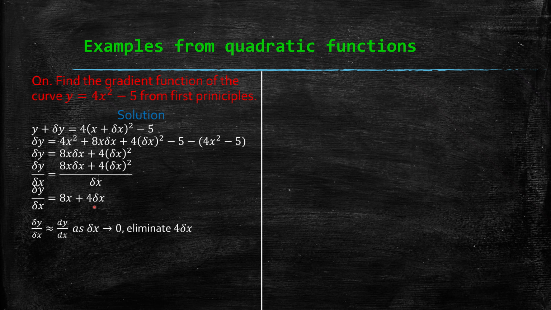Then our next step is to take these 2 points to be too close that they merge as 1, such that our small change in y over small change in x approximates to dy dx. And that means that since this one has a small change in x, it's going to cancel out. Then therefore our function is going to become dy dx equal to 8x.